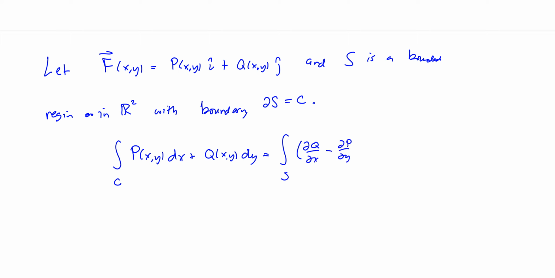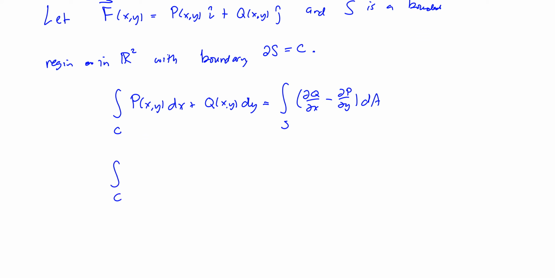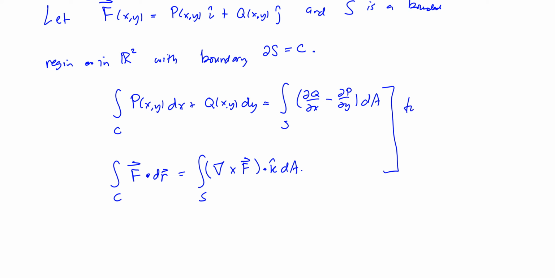In another way we wrote this in terms of vector fields: the integral of F dot dr was the integral over S of the curl of F dotted with k dA. So those were the two versions of Green's theorem from before.